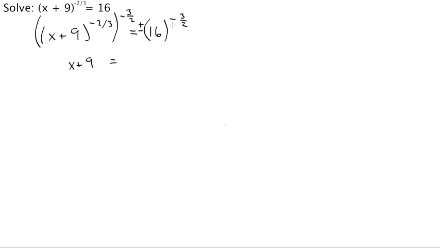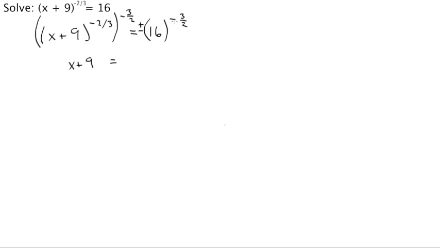Okay, so 16 to the negative 3 halves power. So again, this tells us to take the square root. This tells us to raise that number to the third power. And this tells us that we're going to take the reciprocal of that final term. So negative 3 halves. So the square root of 16, that's 4. 4 cubed, that's going to be 4 times 4 is 16. 16 times 4 is 64.